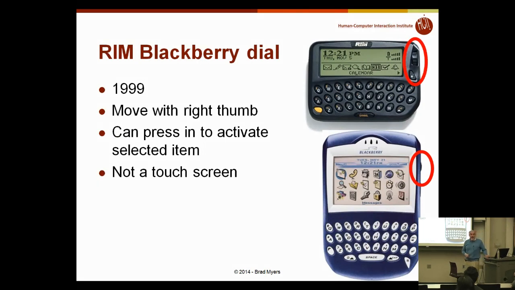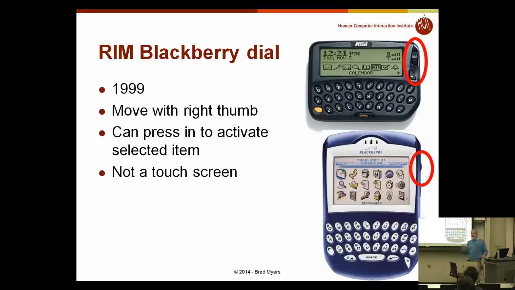The RIM BlackBerry, one of the key parts of their user interface was their scroll wheel, and it was on the very original RIM device, and they kept that for many years as the key interaction technique, this basically one-handed technique of scrolling that was always under the thumb.